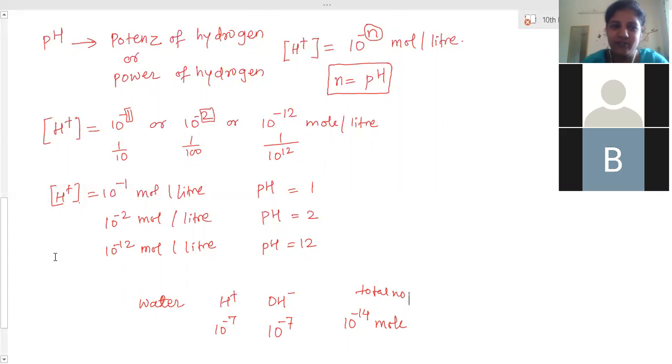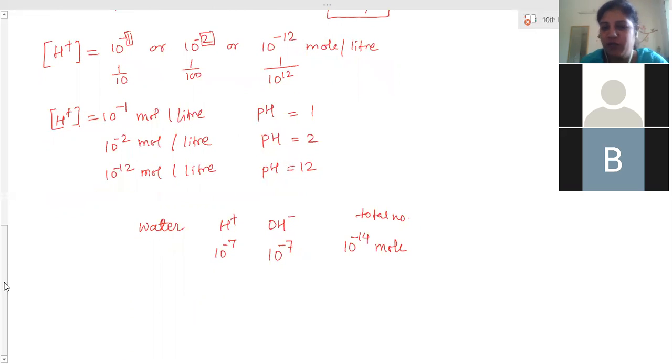This is somewhat confusing in terms of exponential form, you have to learn it. So 10 to the power minus 14 is the value when both H plus and OH minus are present. 7 is constant. So in acids, H plus ions are more, so how much more can it go?